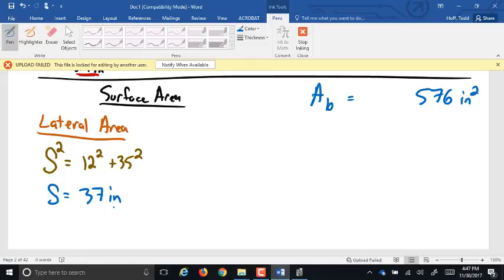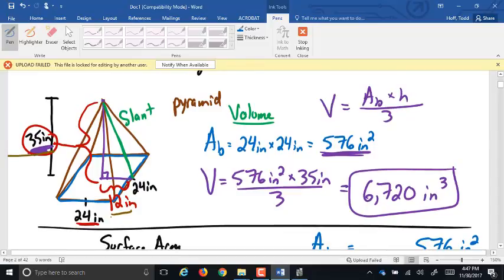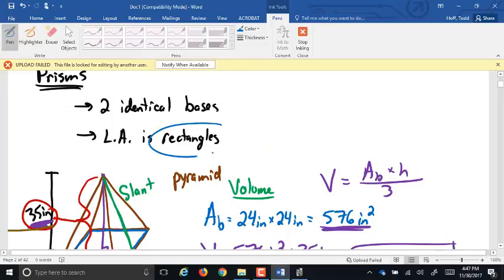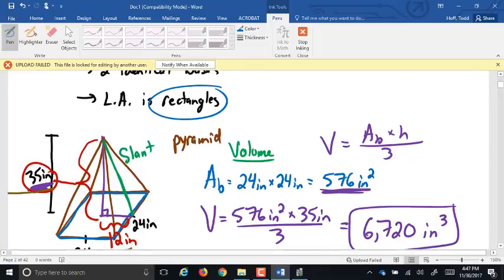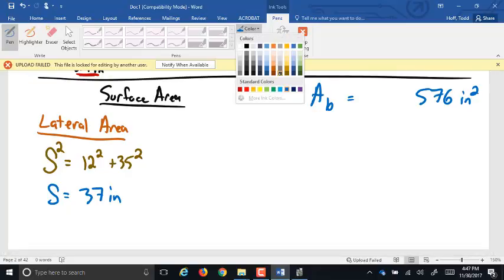Now the next adjustment to our lateral area comes from the fact that in all our other shapes, the lateral area was rectangles. In our prisms, it was all rectangles. In a pyramid, the lateral area is shaped like a triangle. So we're still going to use the perimeter of the base.